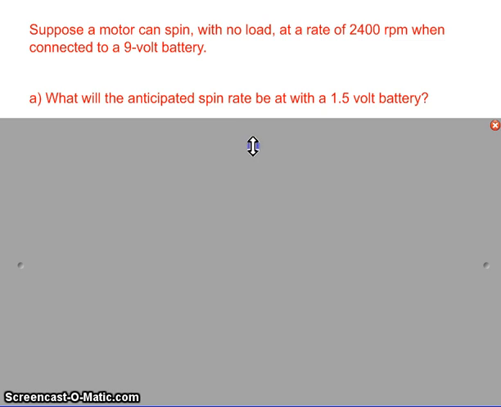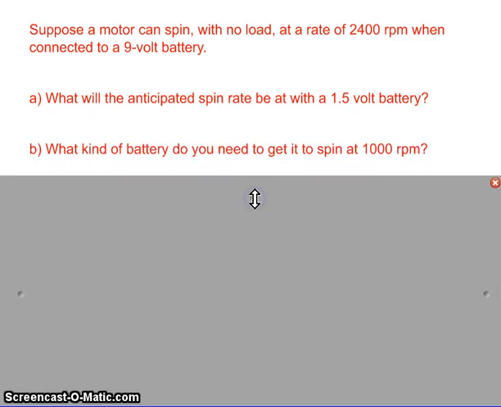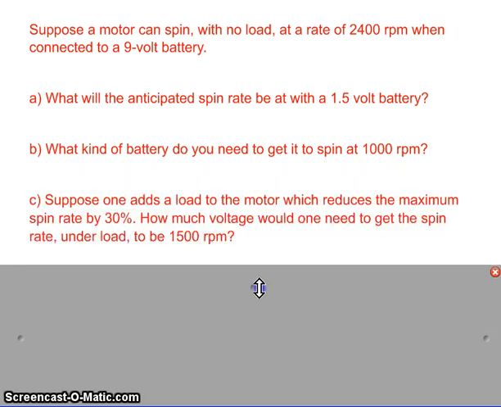Okay, that may seem pretty straightforward. What kind of battery would you need to get it to spin at 1000 RPM? And then finally, maybe the most complex situation, given this no load situation: how much voltage would we need to get the spin rate under a certain load to be 1500 RPM?